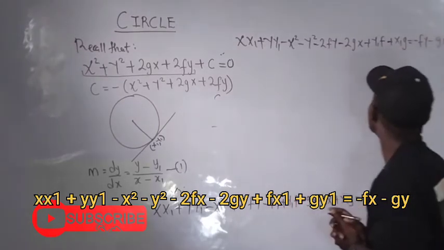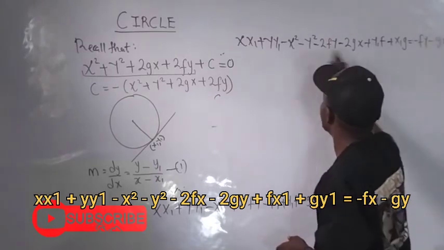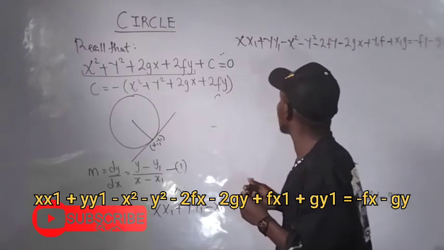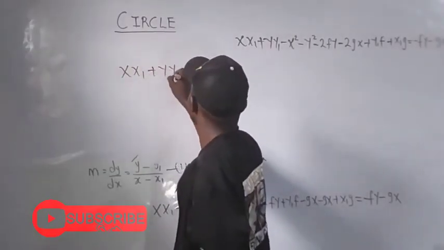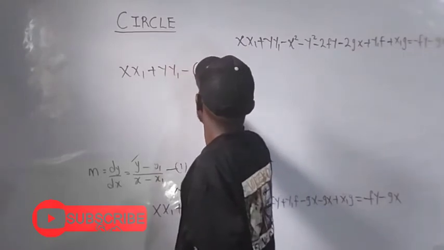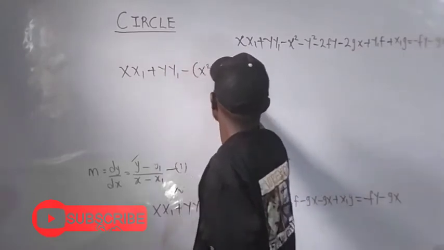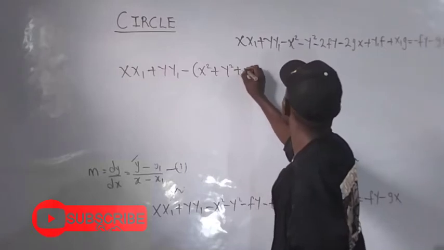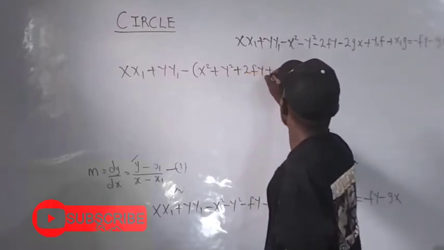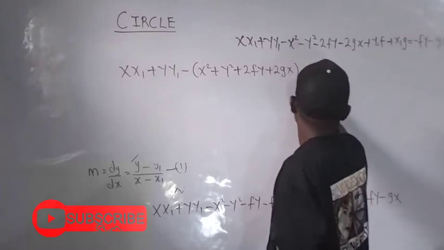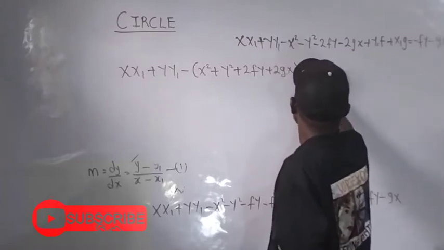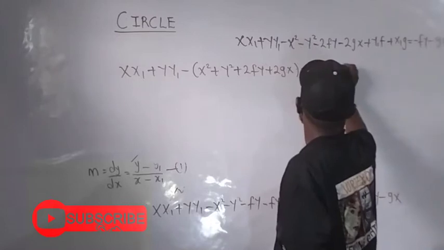I hope you remember that I can easily factor out minus from here so that it looks like this: x1 plus y1 minus x squared plus y squared, then plus 2fy plus 2gx, and then in brackets, close the bracket now, plus y1 of f plus x1 of g.